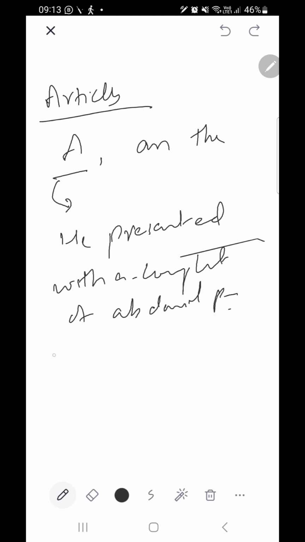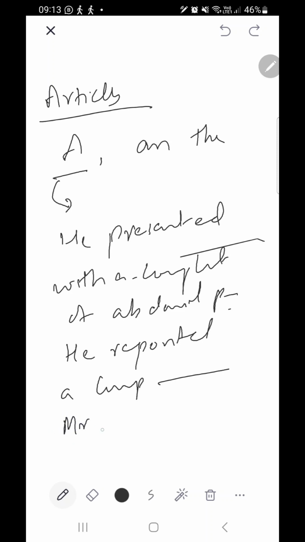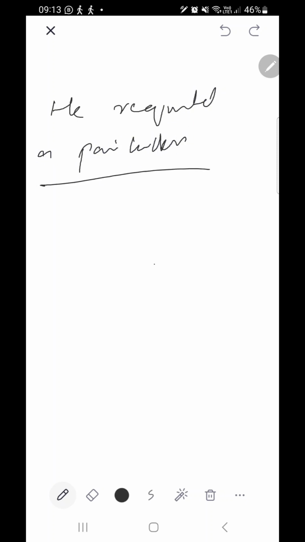Or "He reported a lump." Okay, we can use that. "Mr. X is an accountant" can be used for the articles over here. If you are asking for, let's say, "He requested a painkiller."